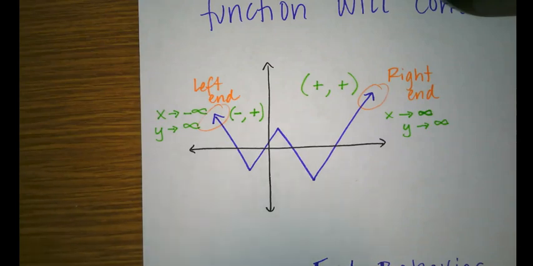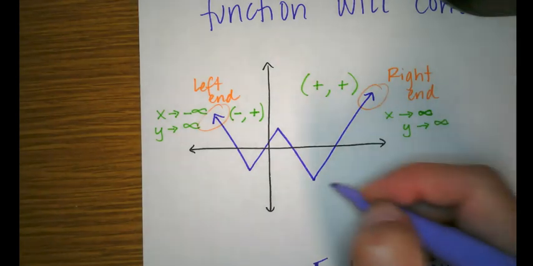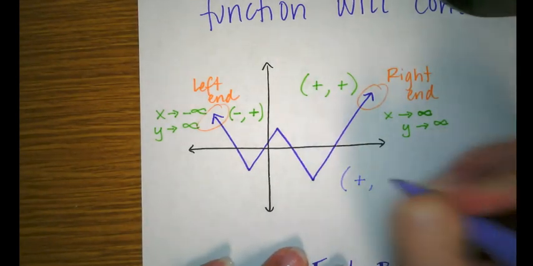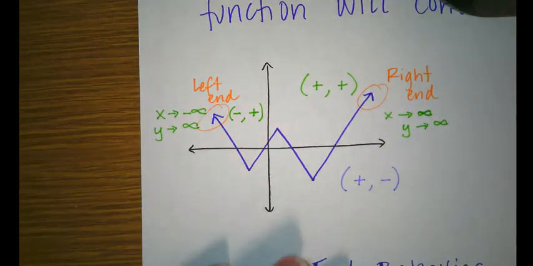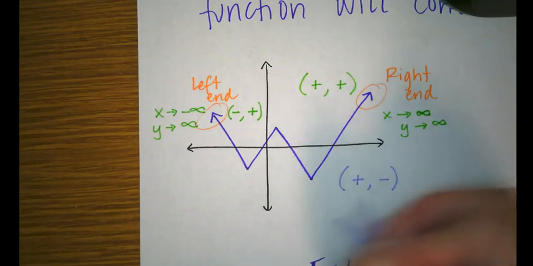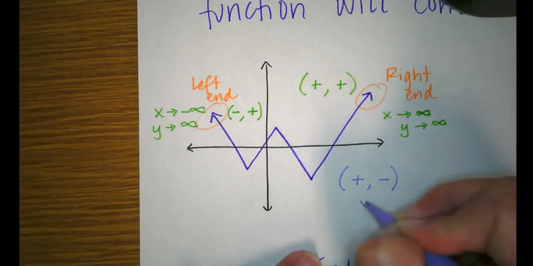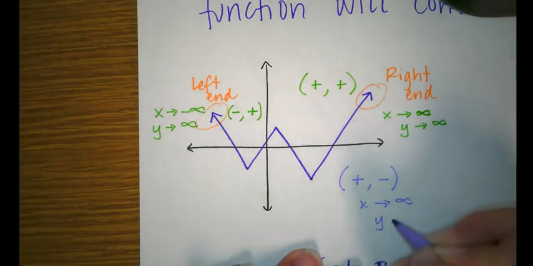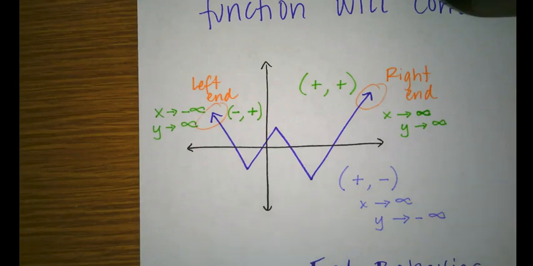Now, even though we don't need them for this question, I want to go ahead and label these other two quadrants down here. If our arrow was down here, the x is positive, but the y is negative. So what we would say here, if our arrow was down in this quadrant, would be that x is getting bigger and bigger and bigger, but y is getting smaller and smaller and smaller.